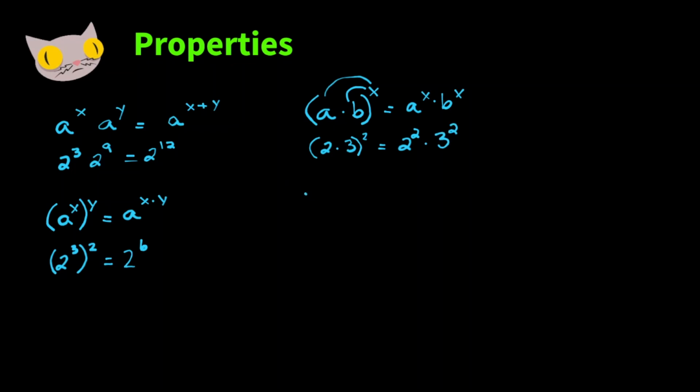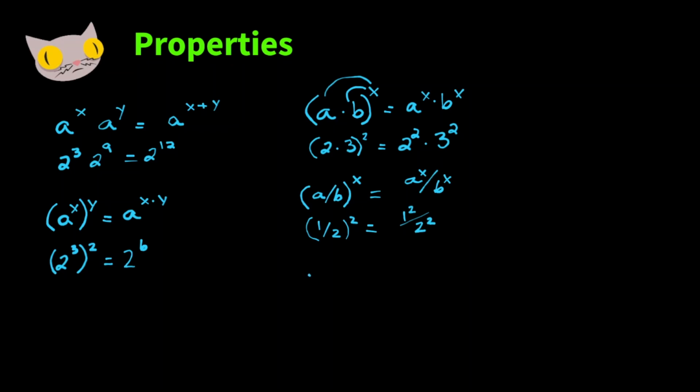Now, what if instead of multiplying, we were dividing? What if we had a divided by b, and that was raised to the x power? In this case, it can be simplified as a to the x power over b to the x power. Right, so if we had 1/2, and that was raised to the 2nd power, we would get 1 to the 2nd power over 2 to the 2nd power.